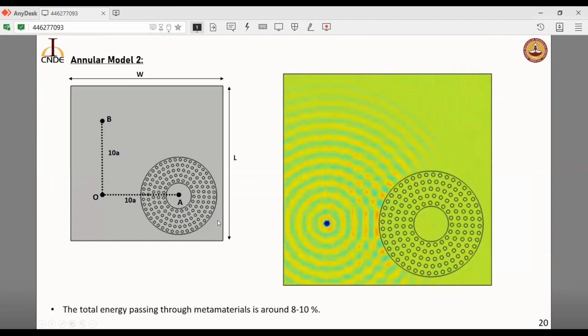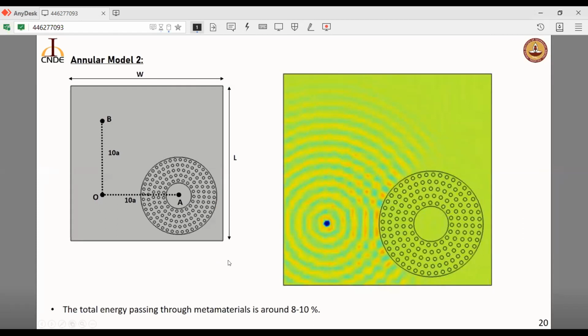Again, I have increased the number of resonators to study whether there will be a further increase in shielding. Earlier it was around 85% reduction.